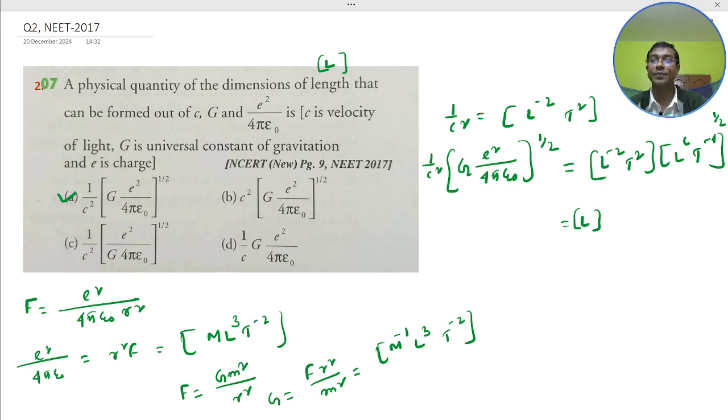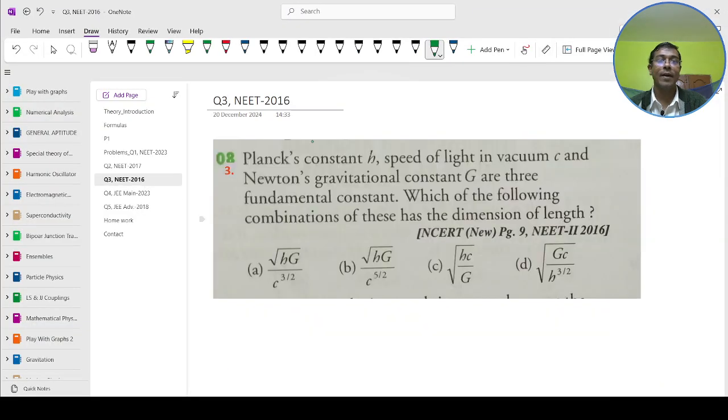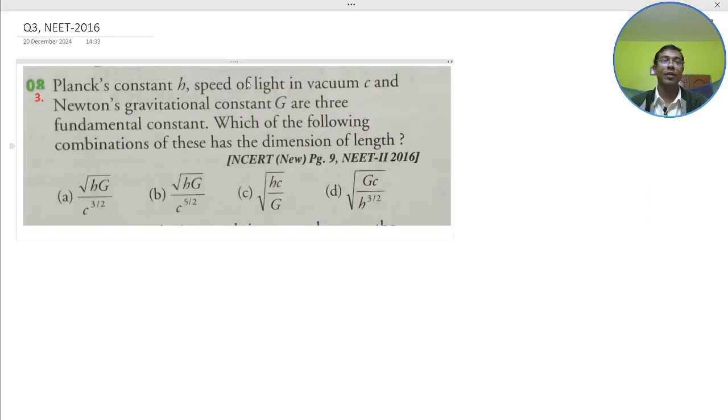Next one, coming in NEET UG 2016, saying that Planck constant h, speed of light in vacuum c, Newton gravitational constant G are three fundamental constants. Which one of the following combinations of these has the dimension of length? So for dimension of length, we apply here the principle of homogeneity.